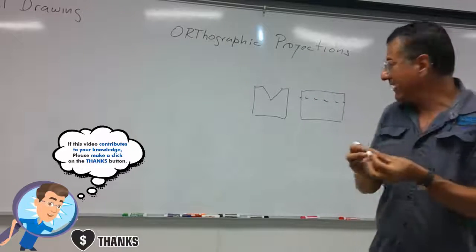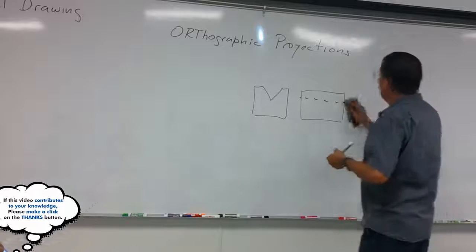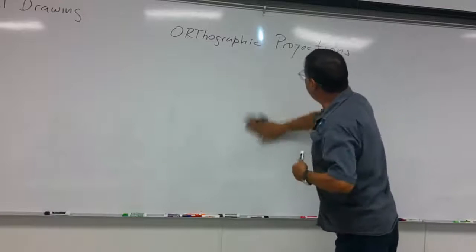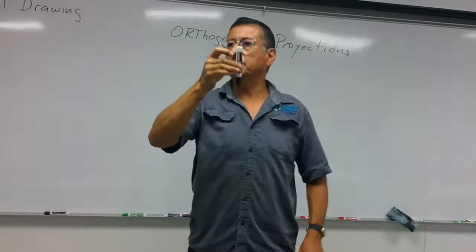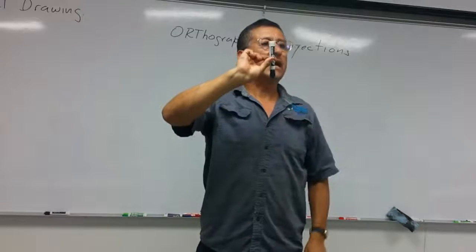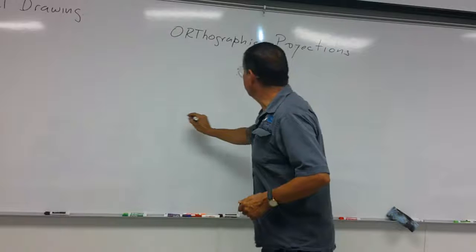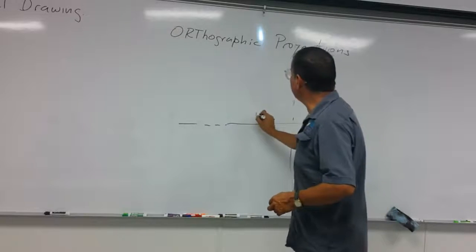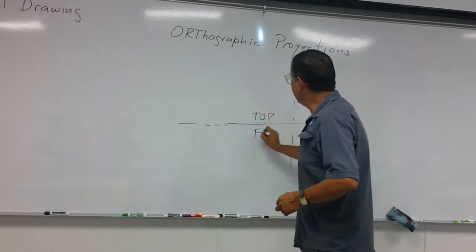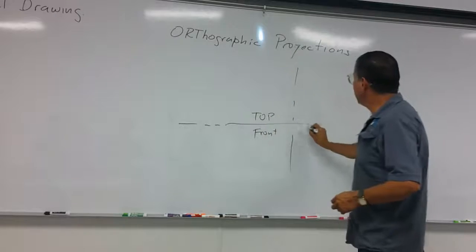I have a question for you. Suppose that I have this marker, and I want to draw the 3 projections. This is the top, this is the front, and this is the lateral.